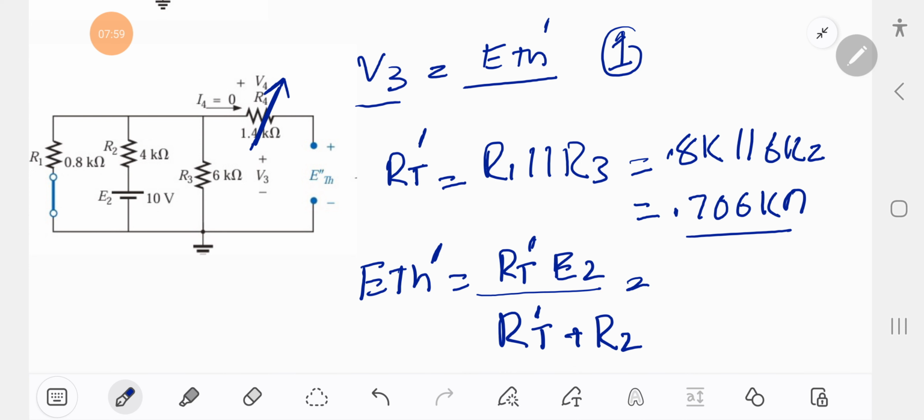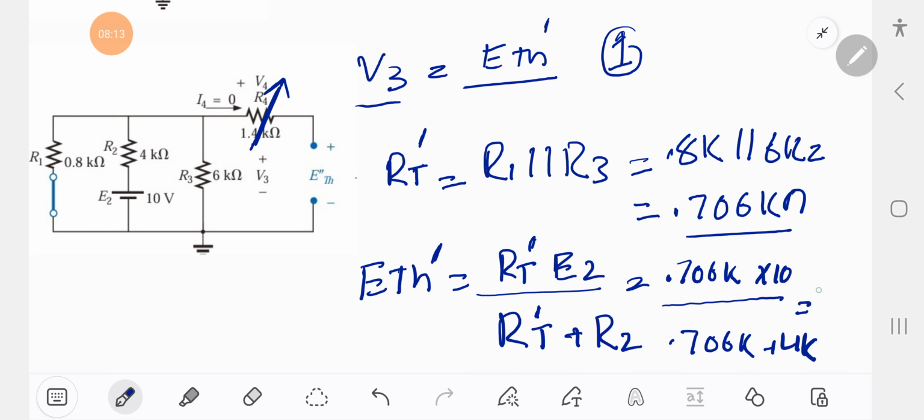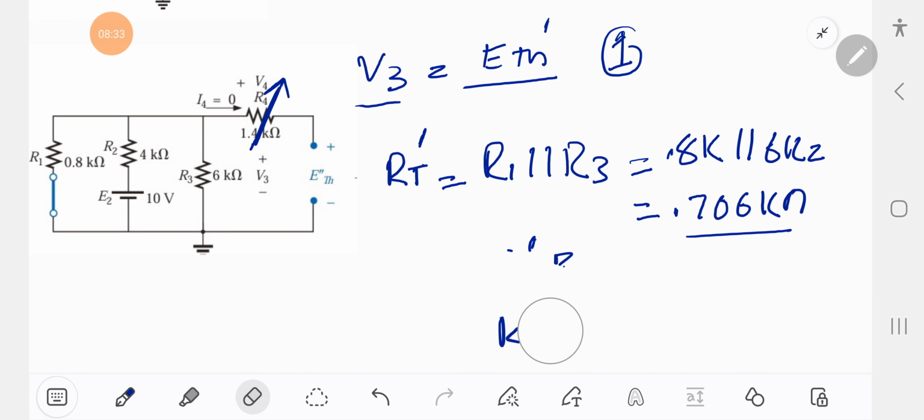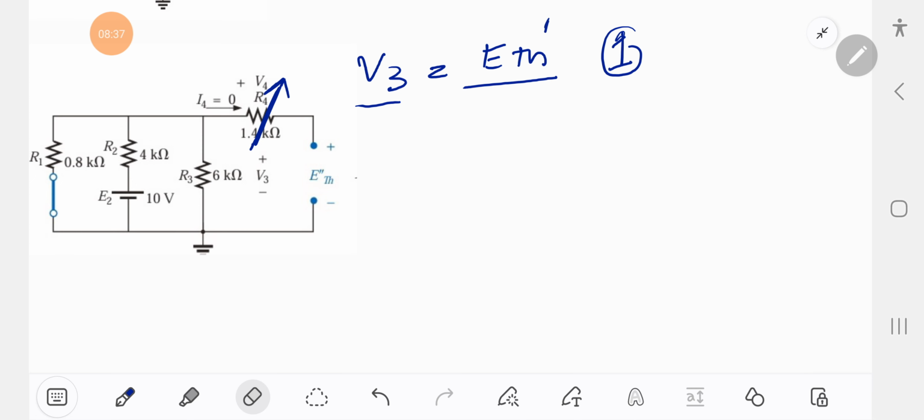So when we calculate all these, which is equal to 7.06, 4.706, ETH dash is actually equal to 1.5 volt.